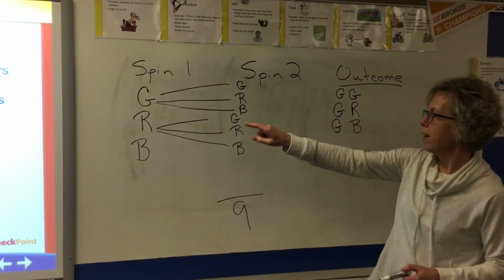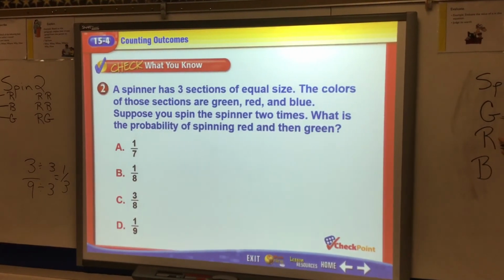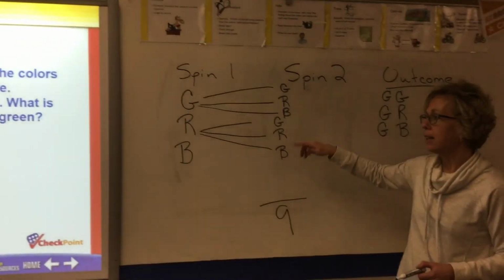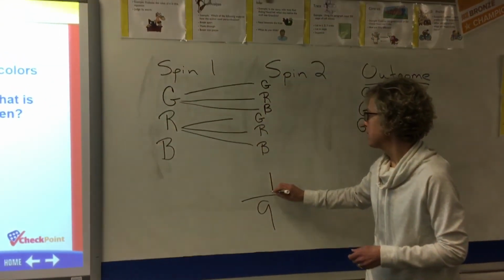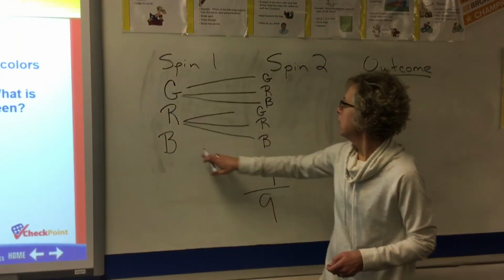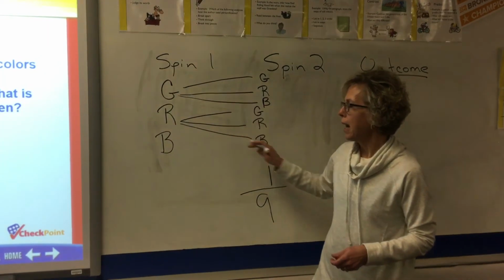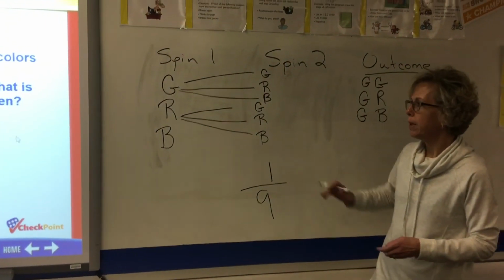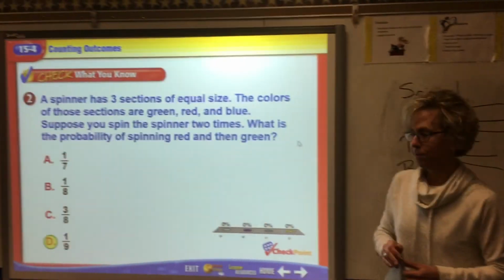Now, in this particular question they're saying spinning red and then green, well here's red and green, and the only time that's going to happen is 1 out of those 9 times, because this again would be blue and green, blue and red, blue and blue. And you can see it only happens that 1 time. So the probability of spinning that would be 1/9.